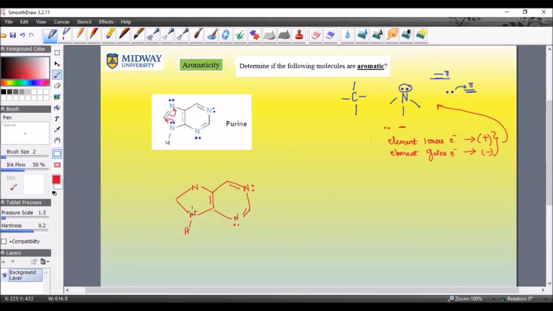Now we have moved this lone pair of electrons here, so that becomes a bond. But what has happened here is this nitrogen has lost its pair of electrons. So this gets a positive charge. This has moved here as another pair of electrons, okay? So this becomes negative. You see, the pair of electrons lost here is here.